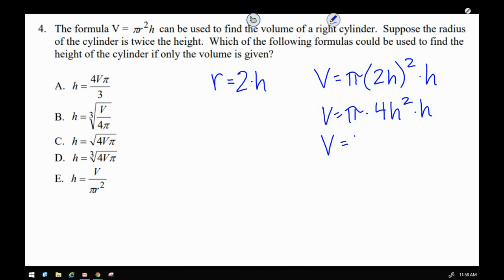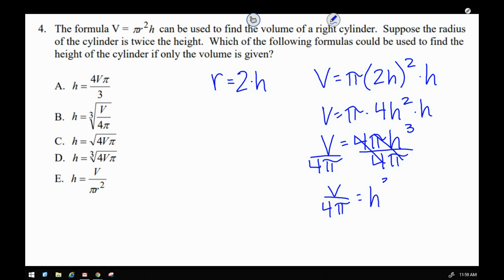So V equals 4 pi h cubed. You have to get the 4 pi to go away, so divide both sides by 4 pi. So V divided by 4 pi equals h cubed.